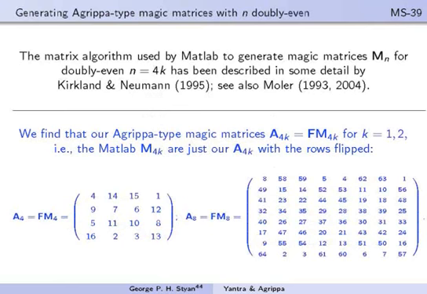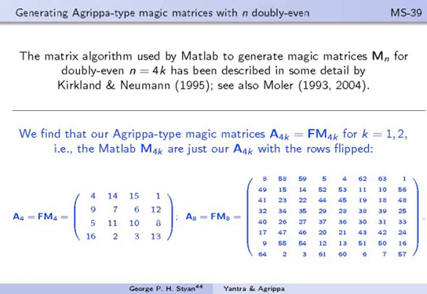Generating Agrippa-type magic matrices with n doubly even has been described in some detail by Kirkland and Neumann in a seminal paper in 1995, and as already mentioned, Moler generated magic matrices, first publishing news of this algorithm in 1993, and then in a book in 2004.